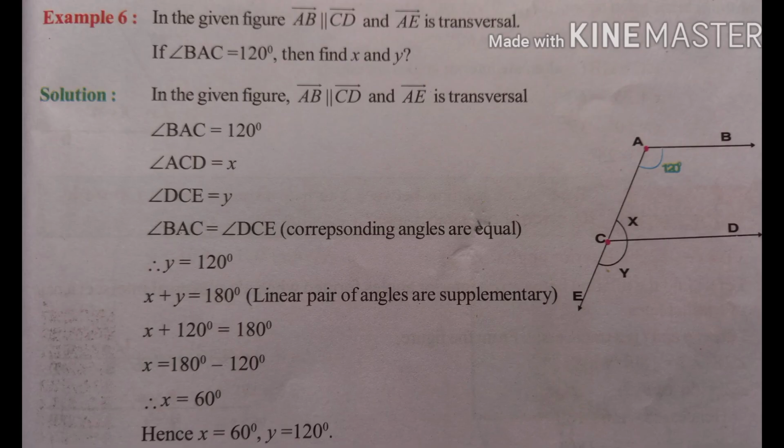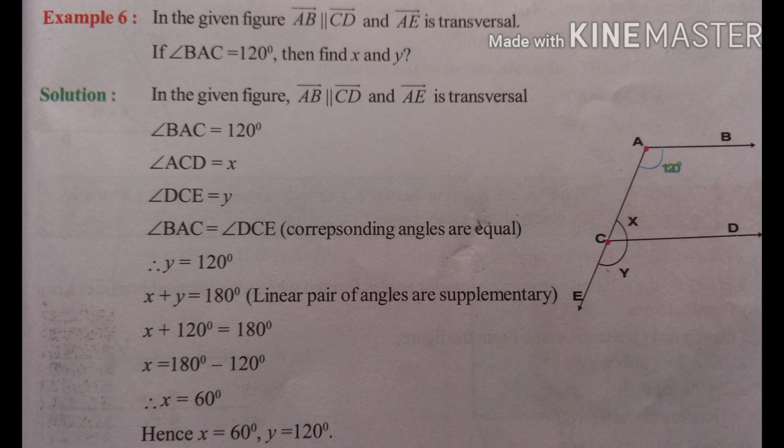Using the previous property, that is the corresponding angles are equal, we can solve the following problem. In the given figure, AB is parallel to CD and AE is transversal.